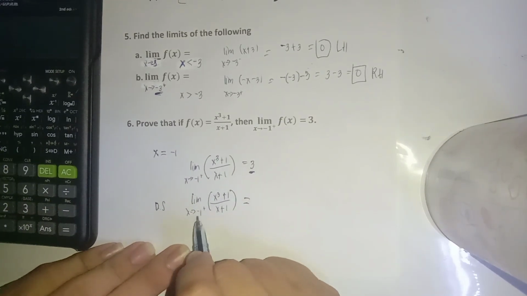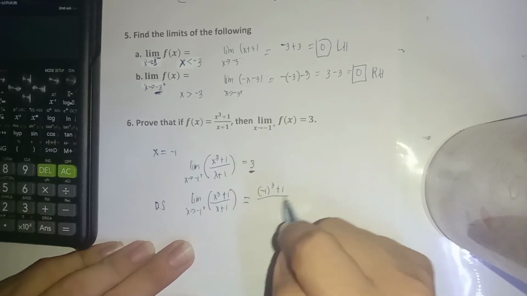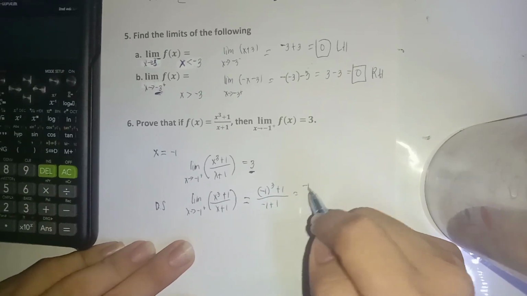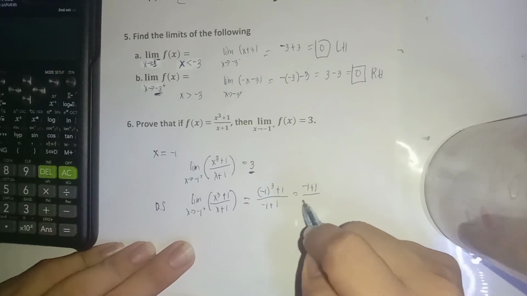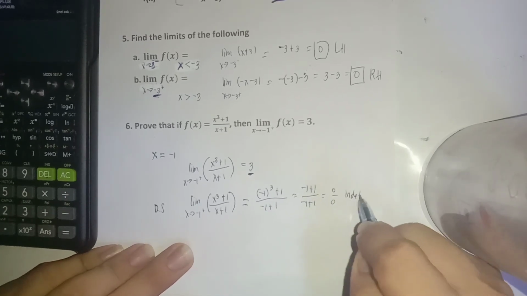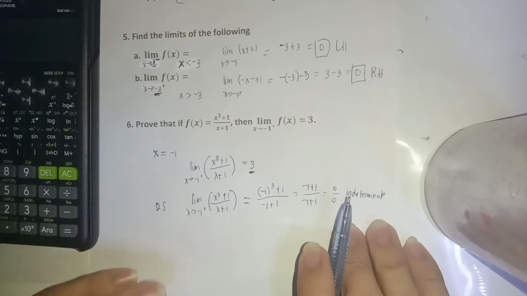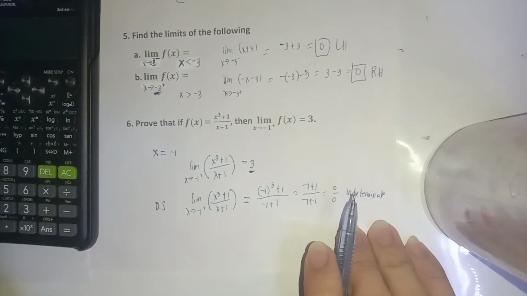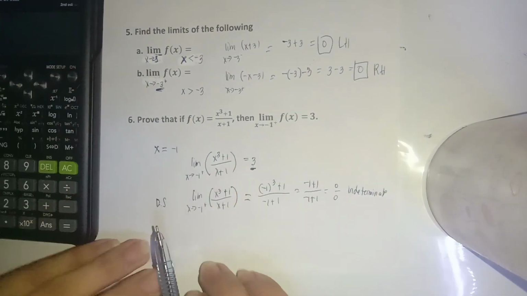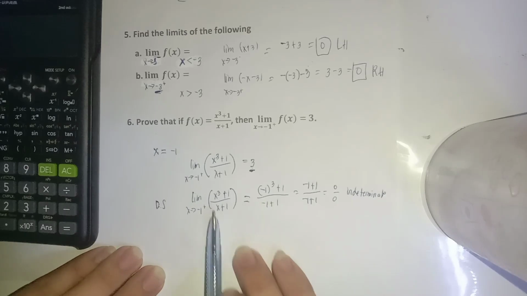So lahat ng x maging negative 1, the function becomes negative 1 cubed plus 1 over negative 1 plus 1. And negative 1 cubed is equal to negative 1, plus 1 over negative 1 plus 1. We get 0 over 0, or that is your indeterminate. So nakuha natin yung indeterminate form. That means meron siyang limit but we don't know the exact limit for this. So gamit yung direct substitution, hindi natin malalaman yung estimate limit for your function.